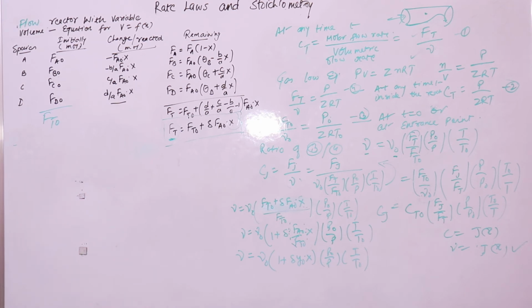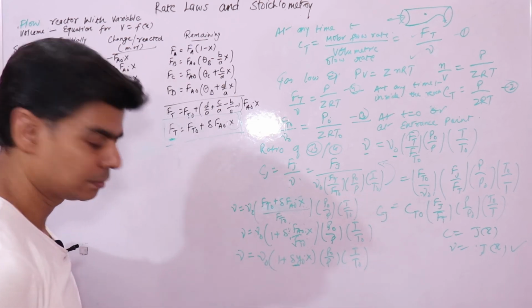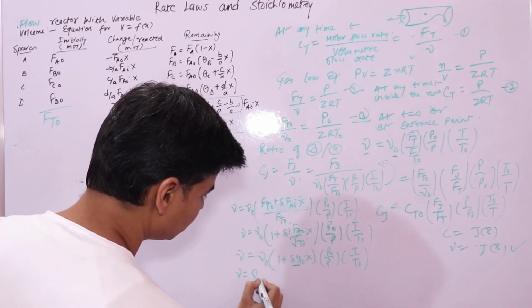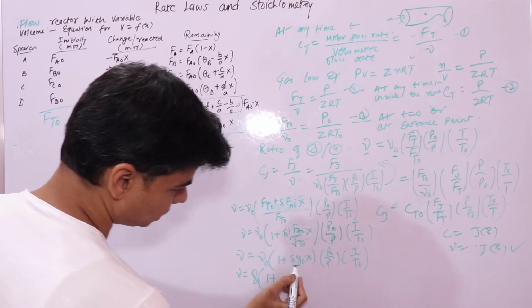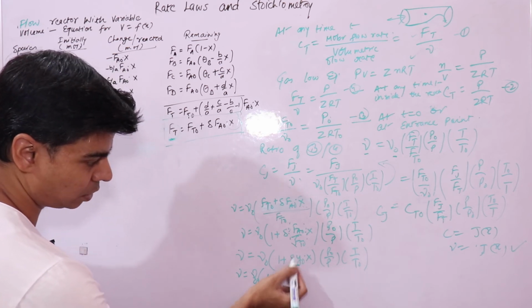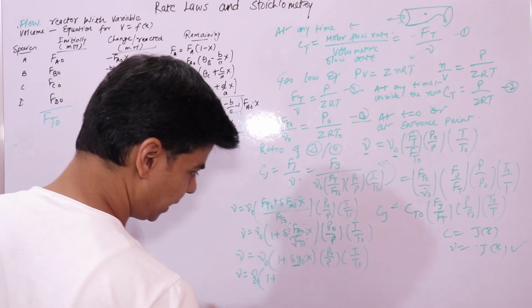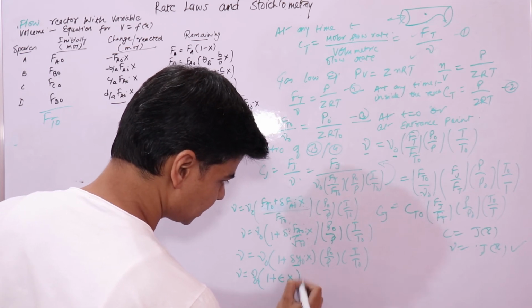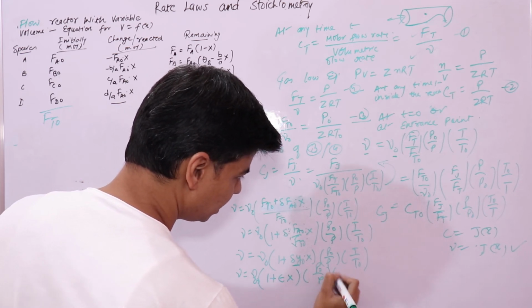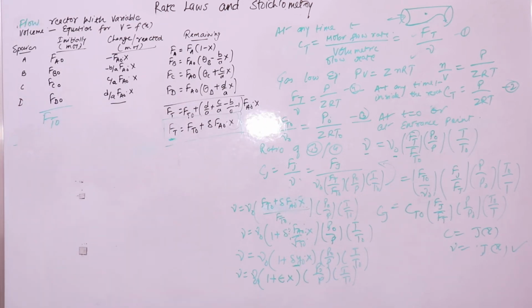Now this would be your epsilon, like we did before, so do watch the previous lecture before you watch this. 1 plus this del y0, where y0 is for species A, would be replaced by epsilon x, P0 upon P, T upon T0.